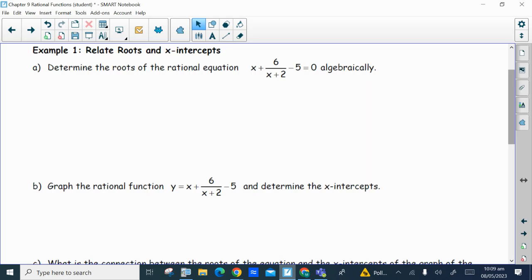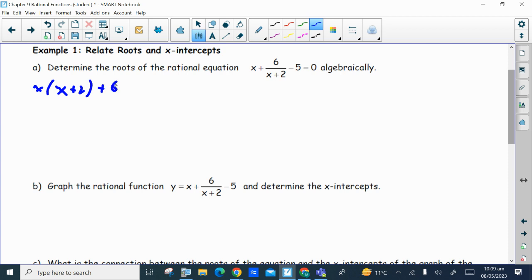So in this case here, to solve that equation, the best thing to do is to get rid of the denominator by multiplying every term by the common denominator, because there is only one denominator that will be your common denominator. So this is showing that I'm multiplying all the terms by the common denominator, which is x + 2.